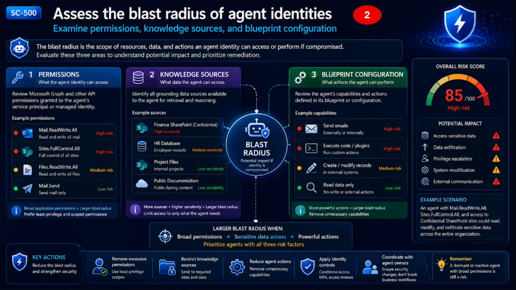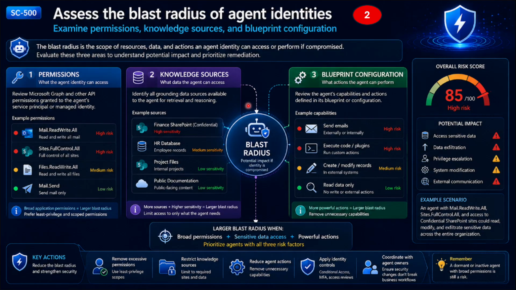Another important factor here is the knowledge sources. What data can the agent access? That's the question you ask over here. And so we need to identify all grounding data, the data sources available to the agent for retrieval and reasoning.